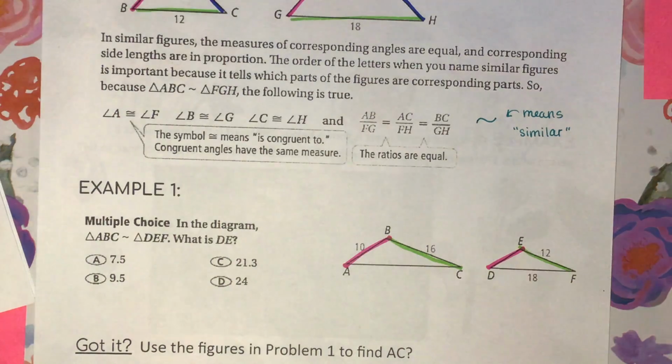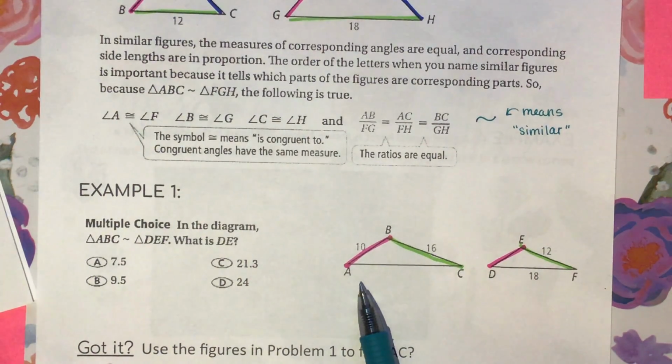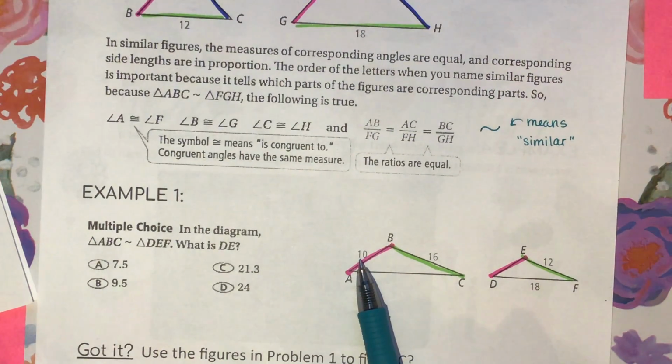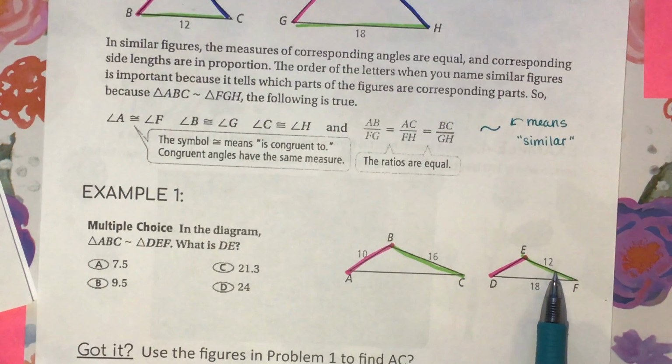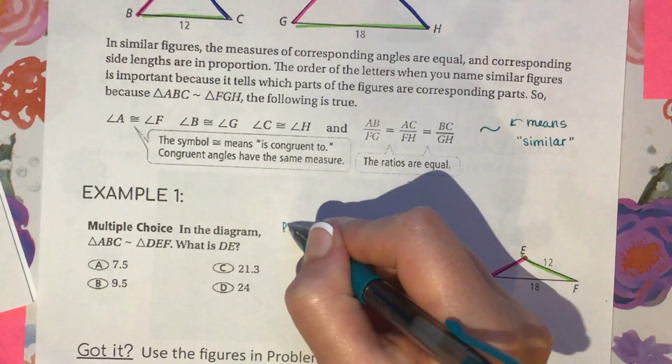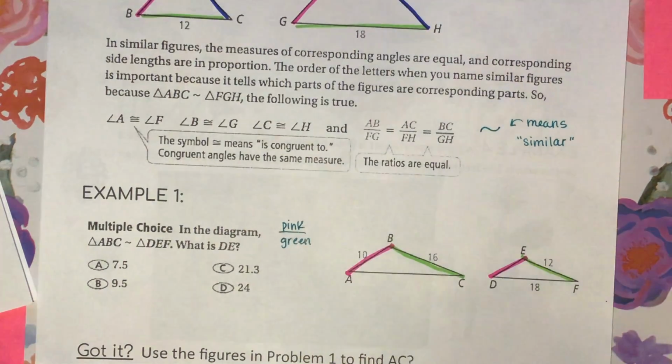So now you can do it a number of ways, like I was saying before, you just have to be consistent. So I'm going to say pink over green, and then pink over green. That's how I'll set that up. So I'll show you that over to the side.